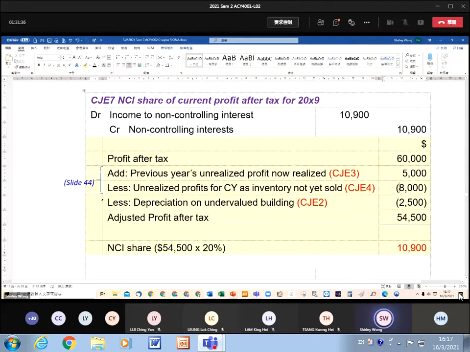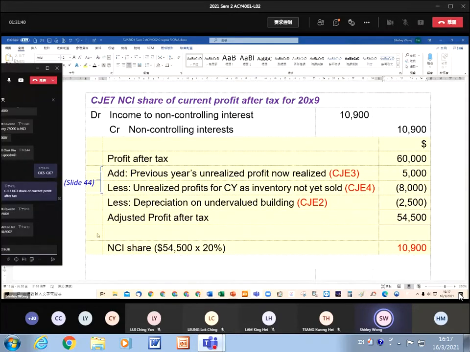So this is per what we have learned in slide 44 here. Finally, please check whether you get a correct answer on this CJE 7 or not. Okay, see if you have any questions. If no, we will move to the next question. It is much easier. For 5.3, let me conclude.